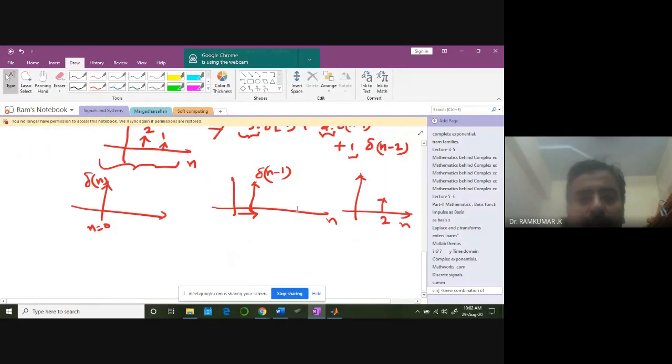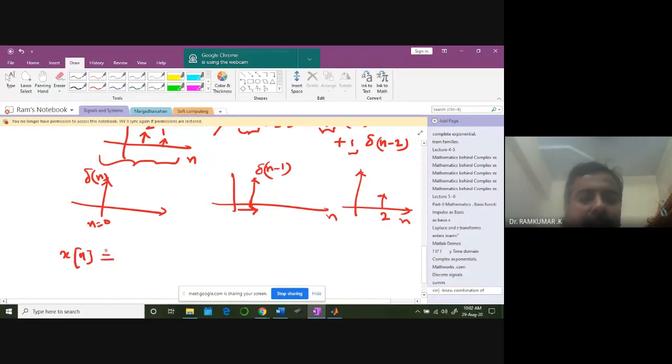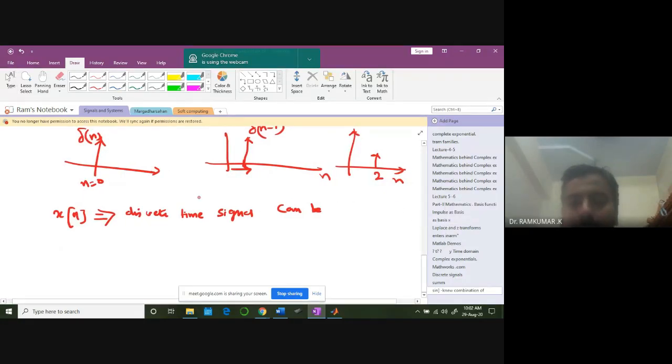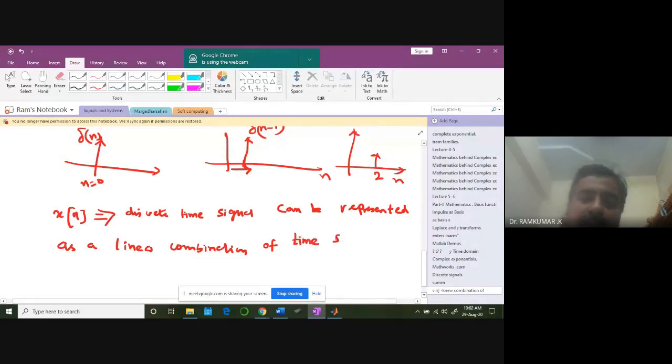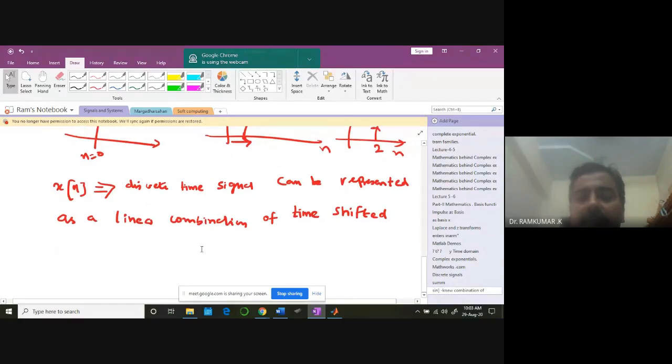Do you understand? This is the key idea of today's class: any discrete time signal x of n can be represented as a linear combination of time shifted and scaled impulse signals. Which signal is time shifted? Delta n plus 1, delta n minus 1, the impulse signals are the time shifted ones. Why is it called scaled?